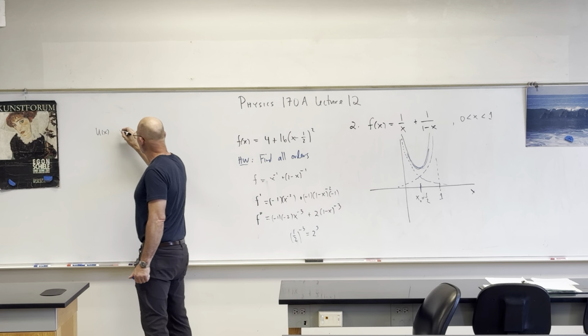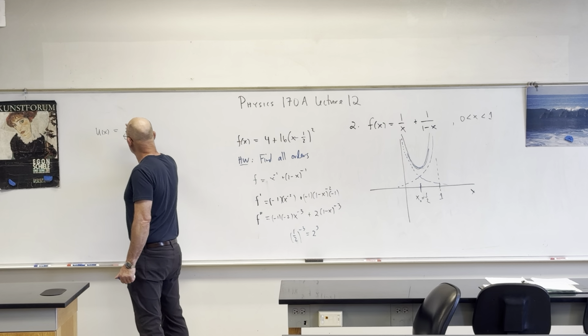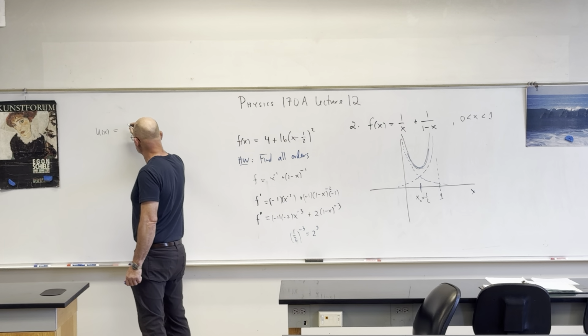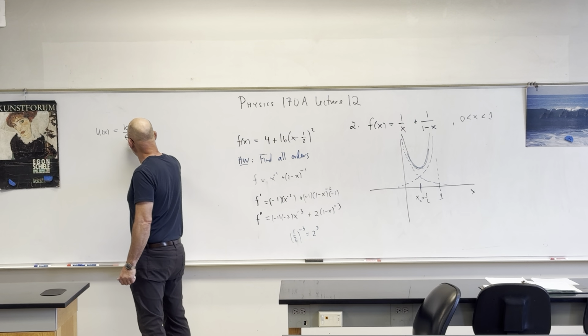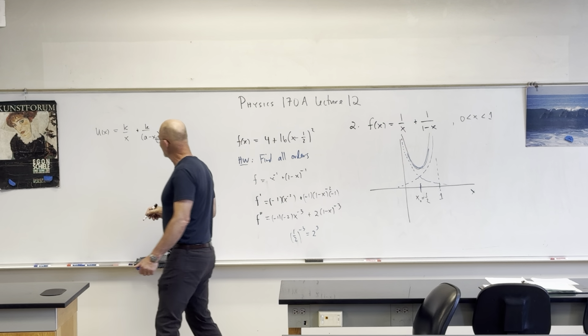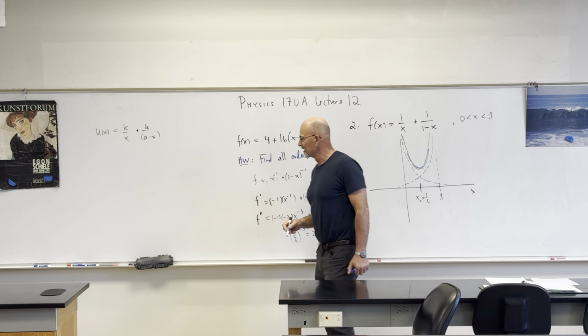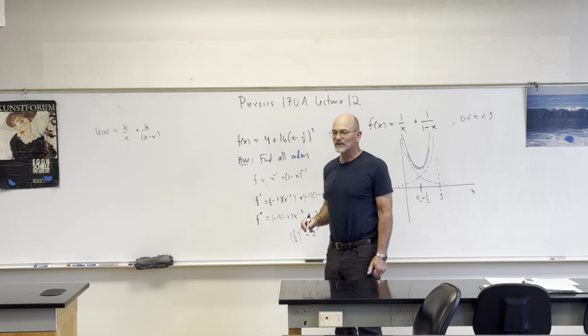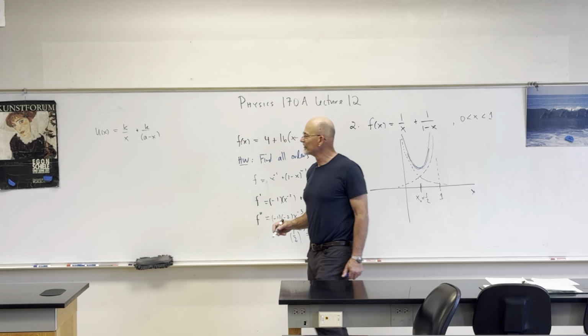So suppose you had u of x equals k over x plus k over, now I have to have some, minus x. Suppose this were an electrostatic type of problem.